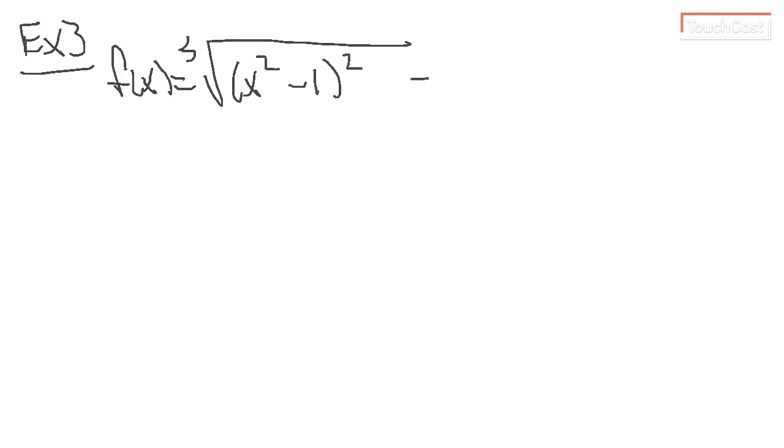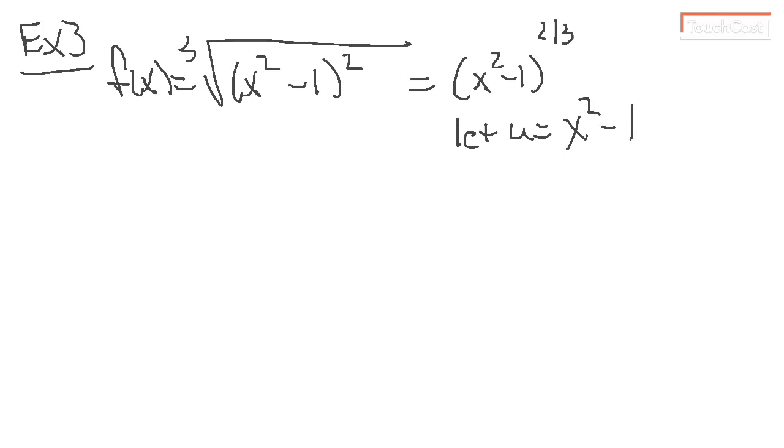Now we can rewrite this as the quantity x squared minus 1 to the power of 2 thirds. Think back to Algebra 2. Now from this, I'm going to let u equal the stuff I have in parentheses, x squared minus 1. So u prime is going to be 2x.